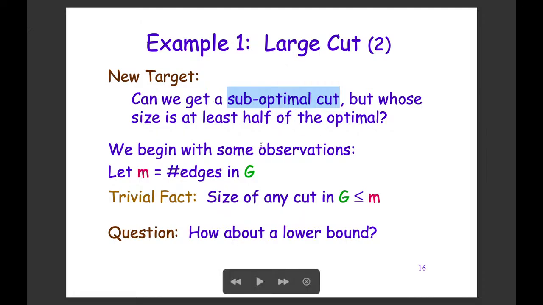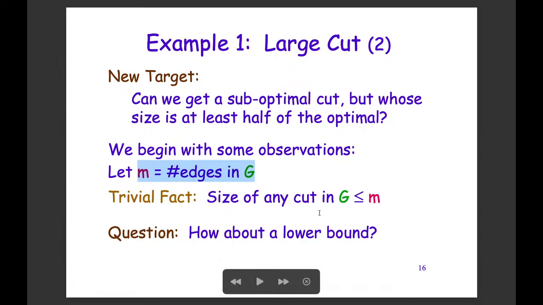One simple observation is, suppose that the graph has m edges, then any cut size cannot be greater than m, because these are the most number of edges that we can have across the two partitions. So this is an upper bound of the size of a cut.